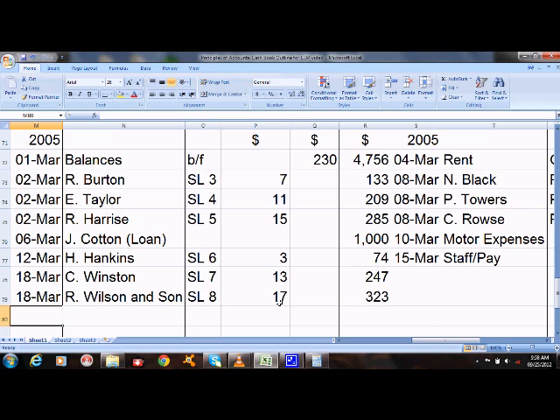Alright, now next one, March 18. The last person is Mr. H. Winter. He is paying us his money of $460. However, he is receiving a cash discount of 5%.